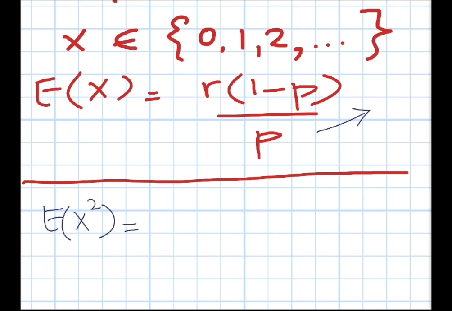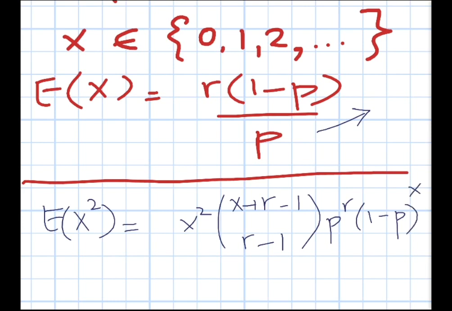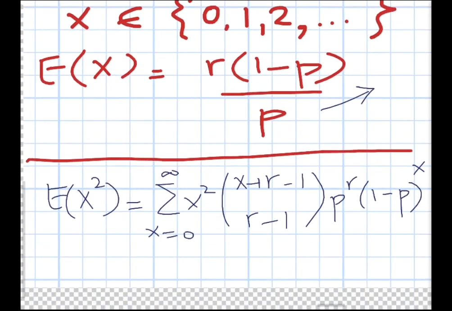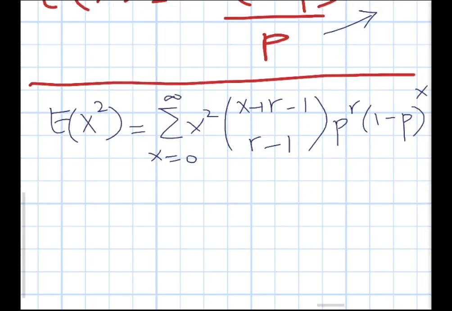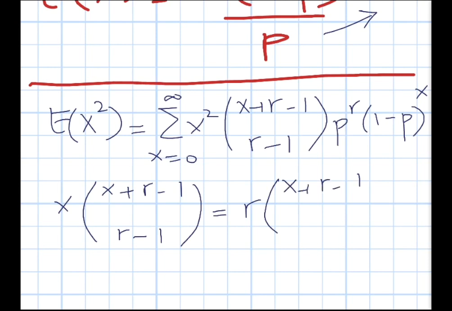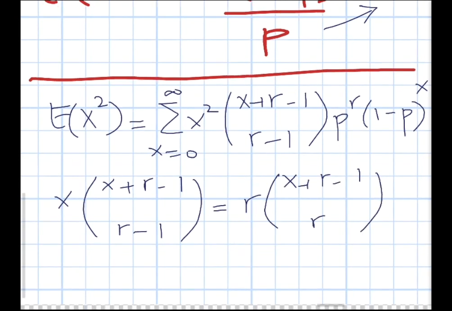So the second moment is the sum of x squared times (x plus r minus 1 choose r minus 1) p to the r (1 minus p) to the x, where x goes from 0 to infinity. As we did in the calculation of the mean, we will use this relationship: x times (x plus r minus 1 choose r minus 1) is equal to r times (x plus r minus 1 choose r).